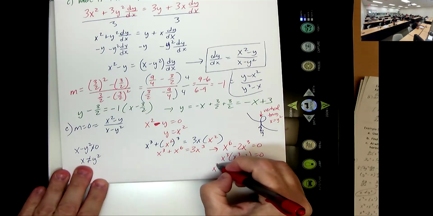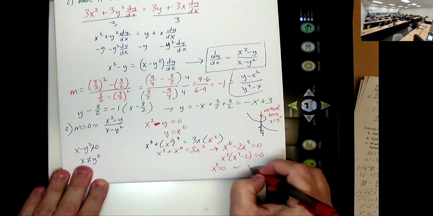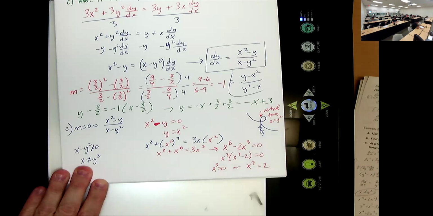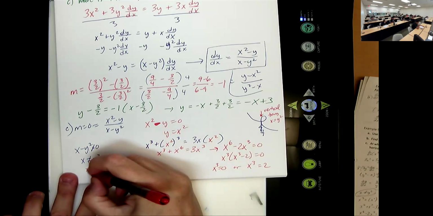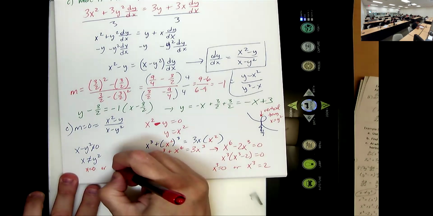So x cubed equals 0 or x cubed equals 2. And we get x equals 0 or the cube root of 2.